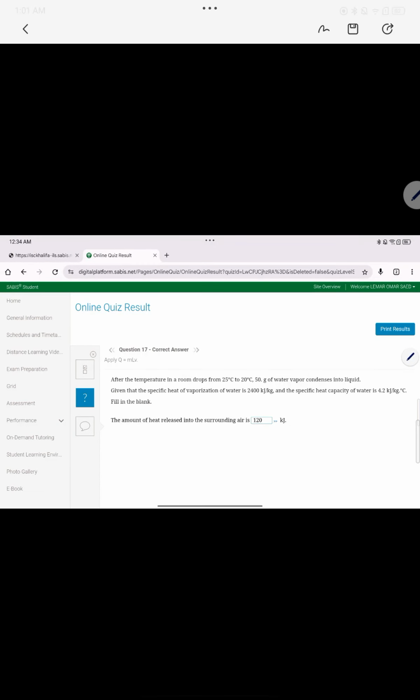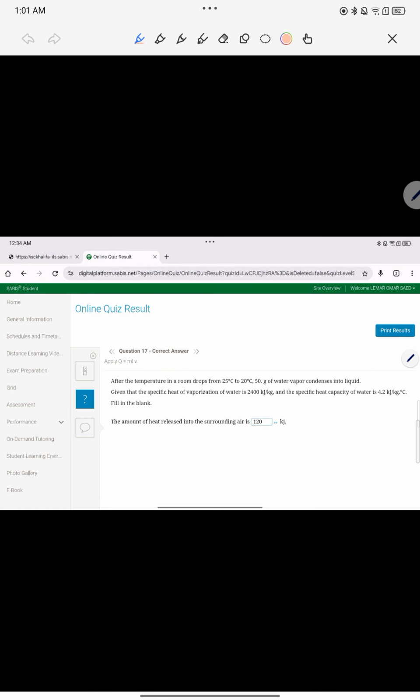Question number 17. We're gonna use Q equals ML. L here is 2400. The mass here is 50 gram, which is in kilogram 0.05, because you divide by 1000 to get from gram to kilogram.